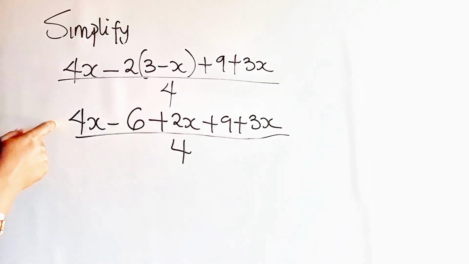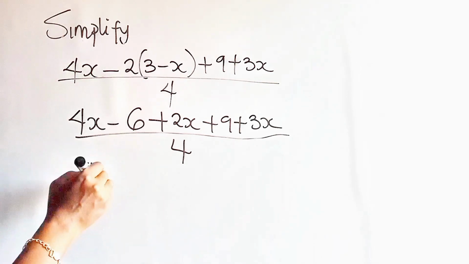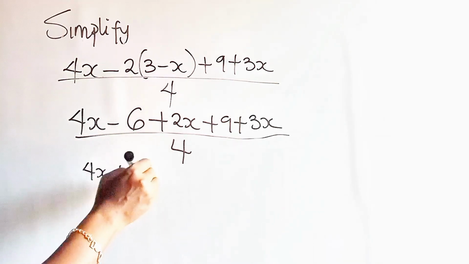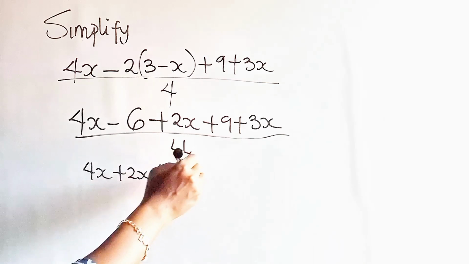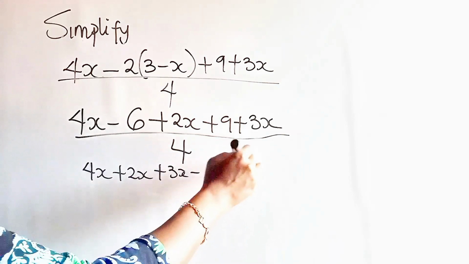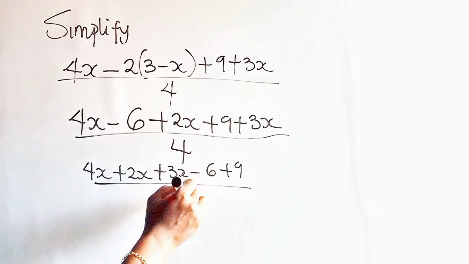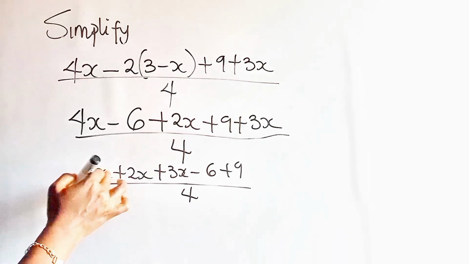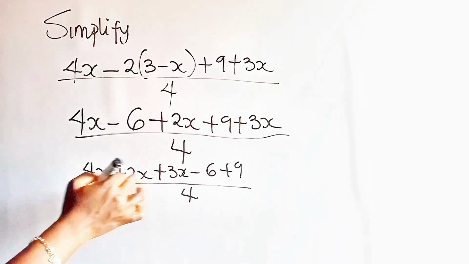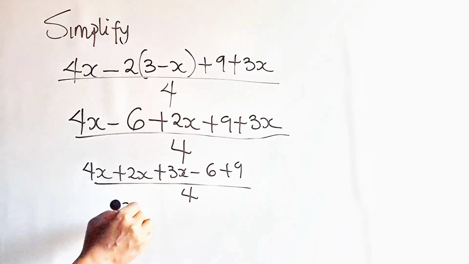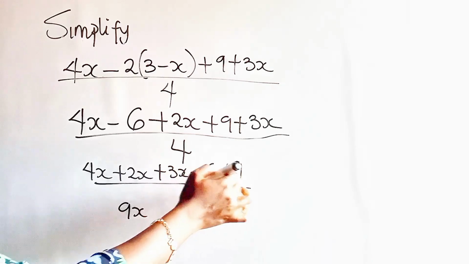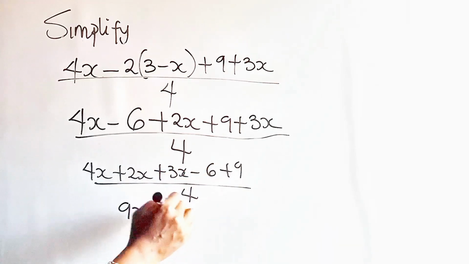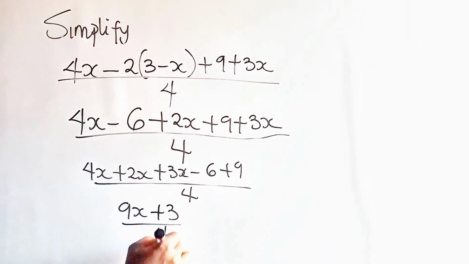Let's group the like terms at the numerator. We have 4x plus 2x plus 3x minus 6 plus 9 all over 4. 4x plus 2x is 6x. 6x plus 3x, we have 9x. Minus 6 plus 9 would give plus 3 all over 4.